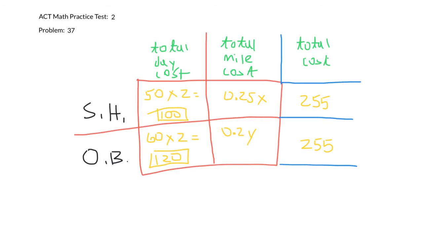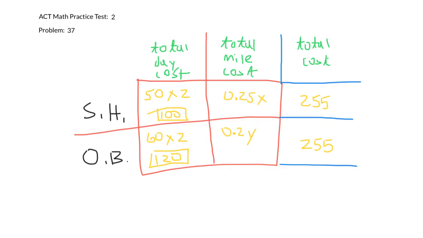Now, what I'm actually going to do right now is something interesting. I'm going to get rid of this equal sign, even though it makes sense to put it within that cell, because I don't want to confuse the issue. The reality is that 100 plus this 0.25x should equal 255. Isn't it true that the total day cost plus the total mile cost for each company should equal the total cost?